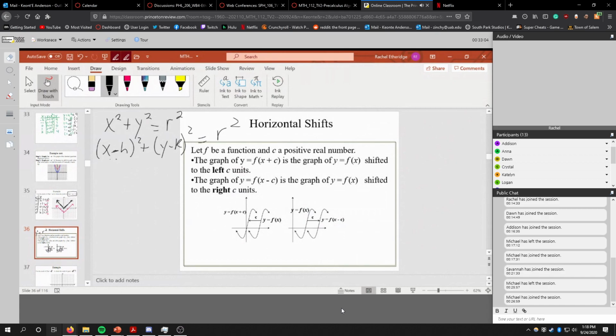So anytime you have something stuck in parentheses in a function, the shift is going to turn the other way. It's going to be the opposite of the sign. If you have a plus c here, it's going to shift to the left. If you have a minus c, it's going to shift to the right. And that goes for any function, anywhere, ever. It goes for a non-function too, as you can see with the circle, because with the y value, that k was inside the parentheses, so the shift was in the opposite direction.